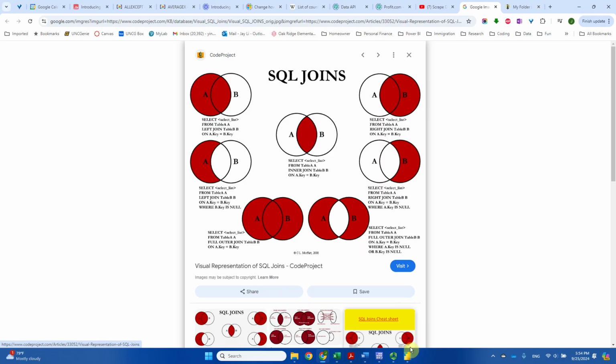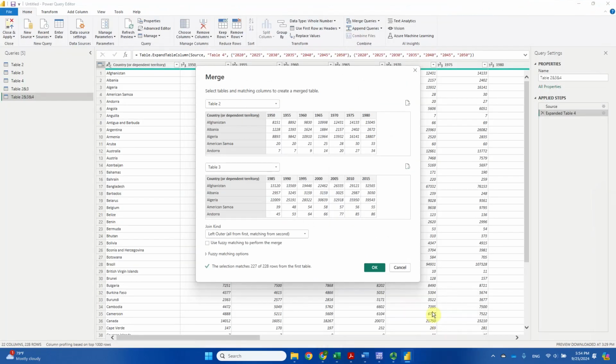So here is a short explanation. For left outer merge, all from first, matching from second. So what does this mean?